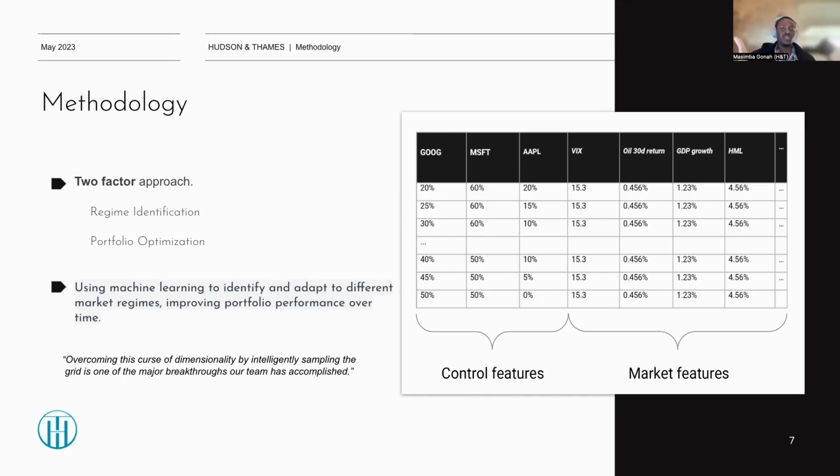It's just based on your preference as an investor and so on, which is why I feel like the actual methodology is more of a skeleton and can be filled in with anything you want in terms of the flesh you'd want. So the core concept is using machine learning to identify and adapt to different market regimes and improve portfolio performance over time. And we know that machine learning models get better with more time.